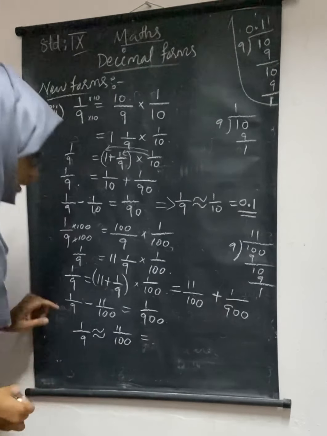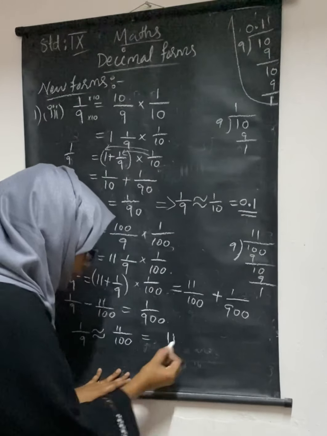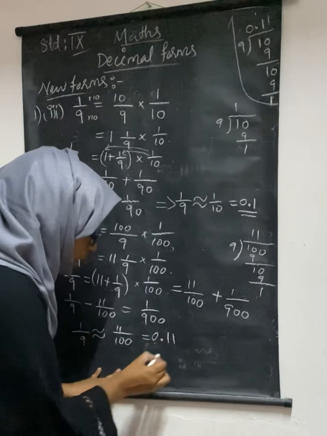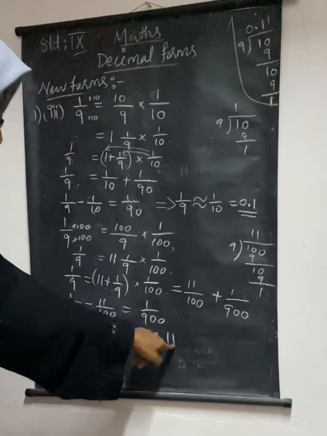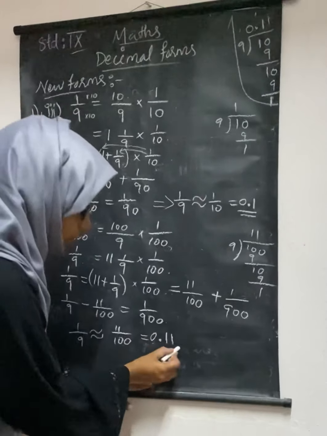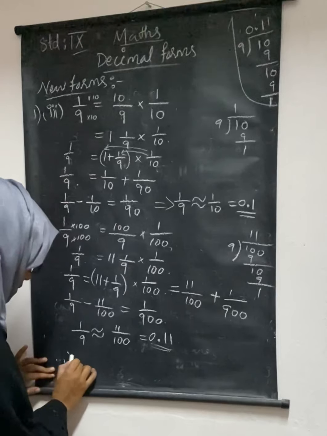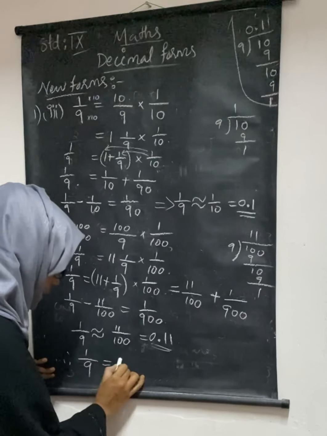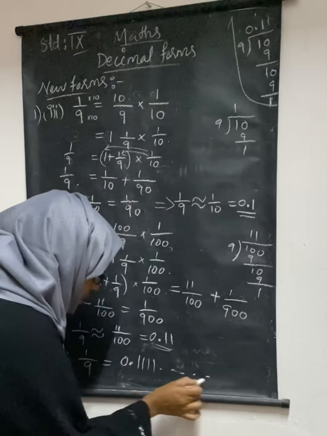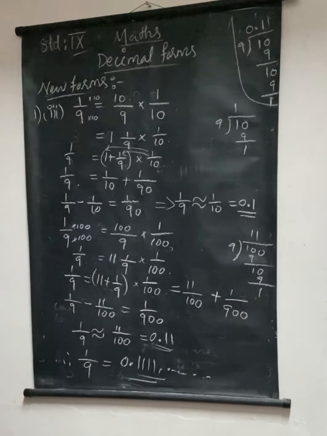So what is the answer? 1 by 9 is equal to this numerator 11 I am putting, put a point, 0, so that you understood that the number is repeating, 1 1. So when you do 1000 also you will get 1 1 1. So it is getting like this. Therefore 1 by 9 is equal to, you will get the answer 0.111 etc. Put etc. points like this. This is the answer for 1 by 9.